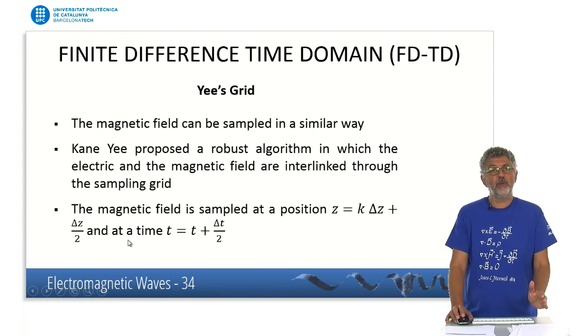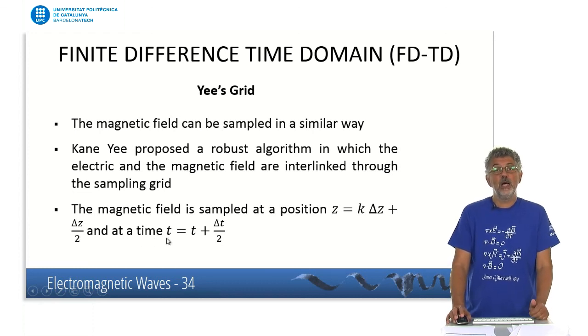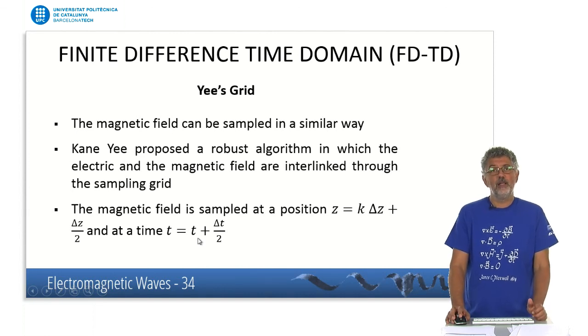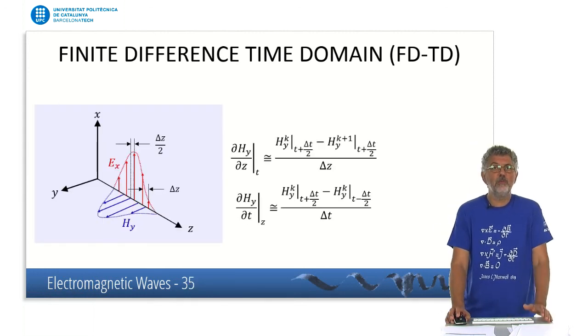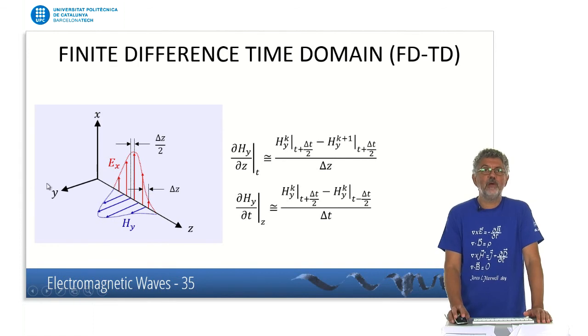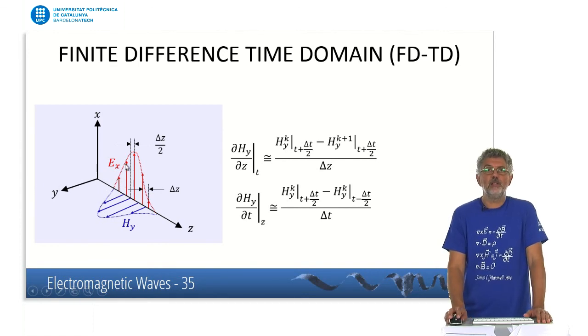So we are sampling in different positions, and also in time we are sampling the magnetic field at different time instances than we are doing for the electric field. If we try to depict this, imagine that we have a certain electric field and we sample the field in certain space positions.